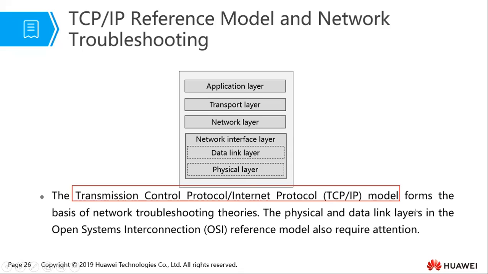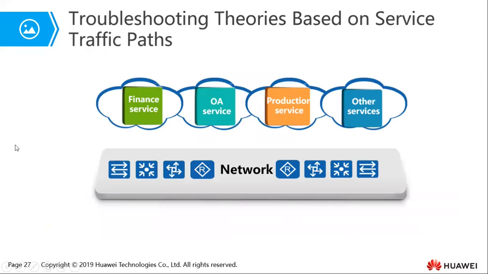The physical and data link layers in the Open System Interconnection reference model also require attention. Whether you're using the OSI reference model or the TCP/IP model, it's one and the same thing. They offer the basis for network troubleshooting theories.